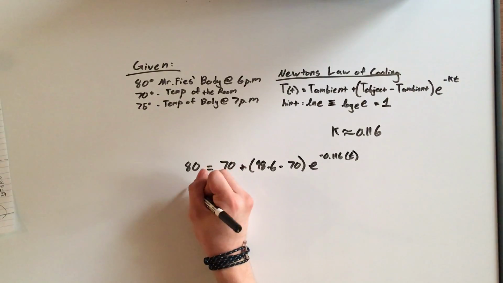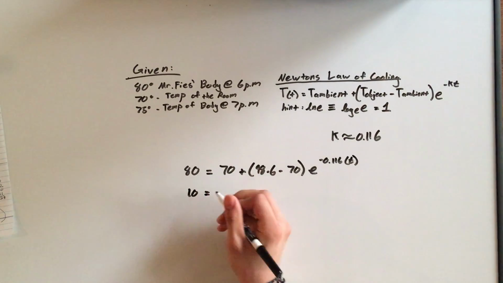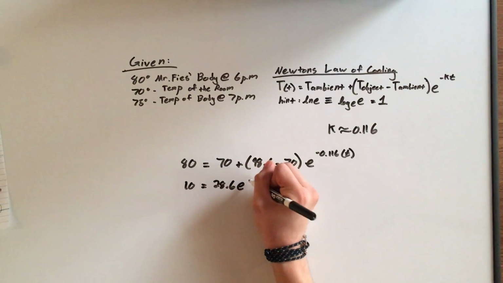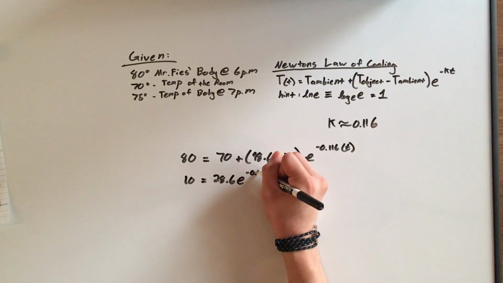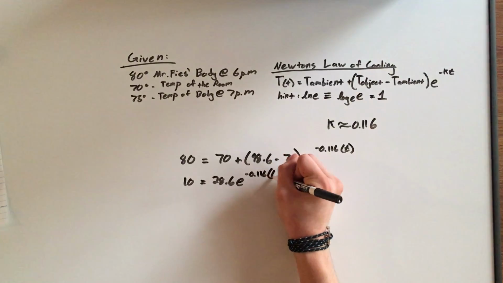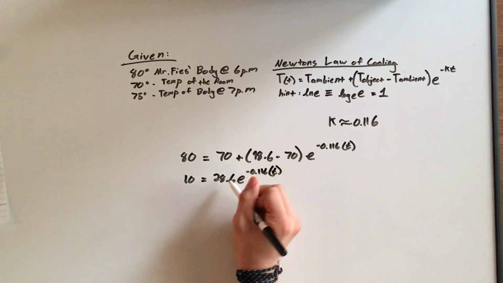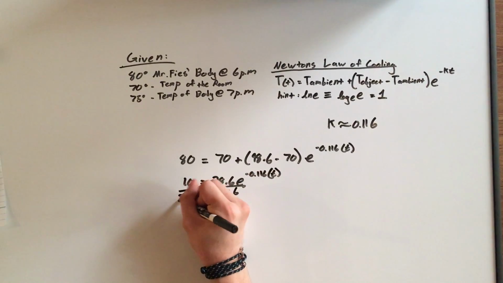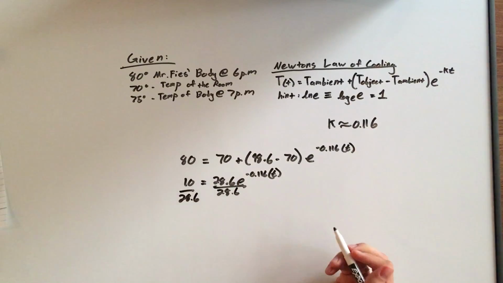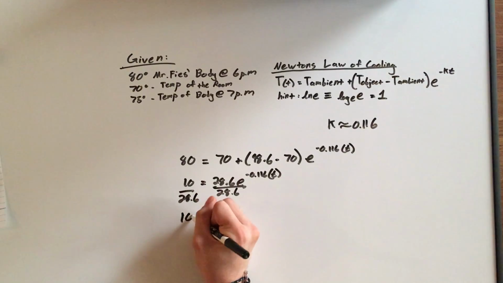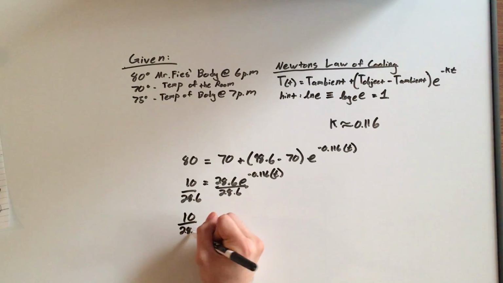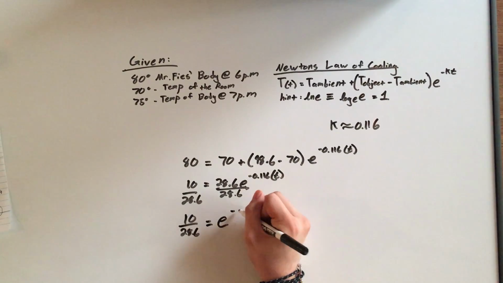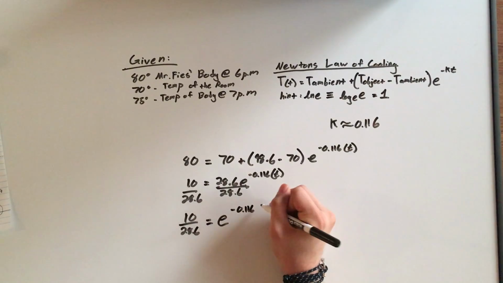We do simple algebra again, subtract 70 from both sides, and then we're going to subtract 98.6 minus 70. We get 10, which is equal to 28.6 times e raised to the negative 0.116 times t. We divide both sides by 28.6, and then we're left with a fraction and e all by itself with k and t.